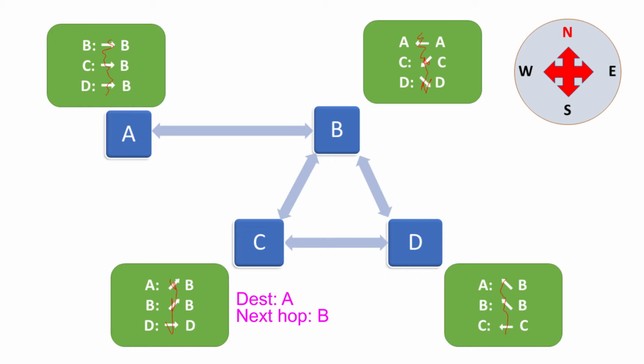So if, for example, you want to go to A and the message is at node C, then if you look A up in the routing table, it tells you the next hop is B. So if C can send that message to its neighbor B, it will arrive at B, and at B we will look again in the routing table, and that will tell us, well, if you want to go to A, just send this to A. That is the next hop.